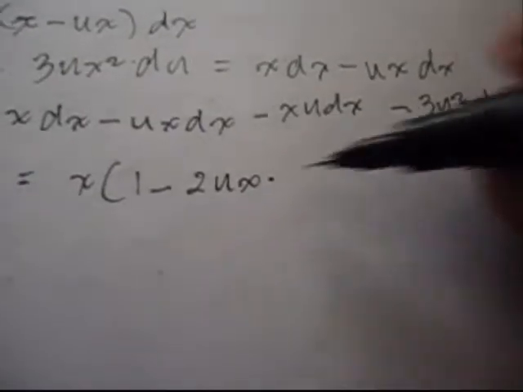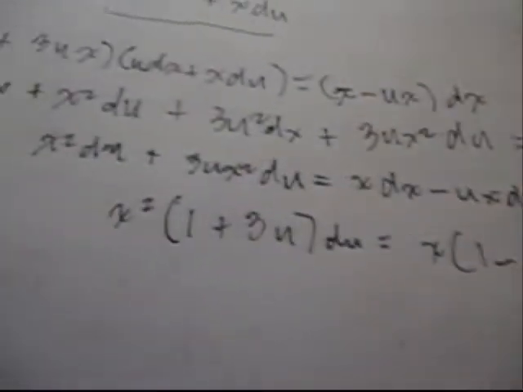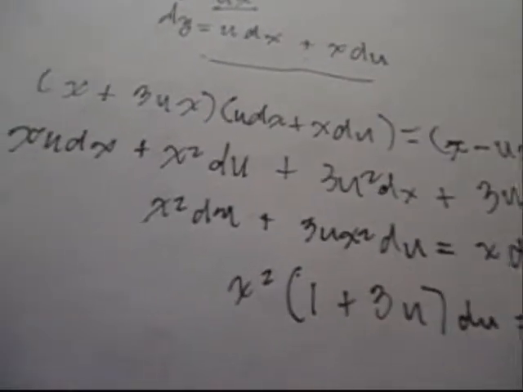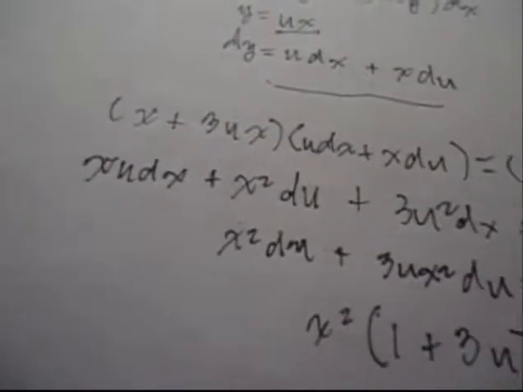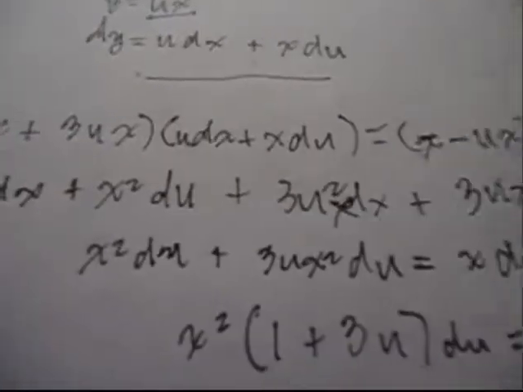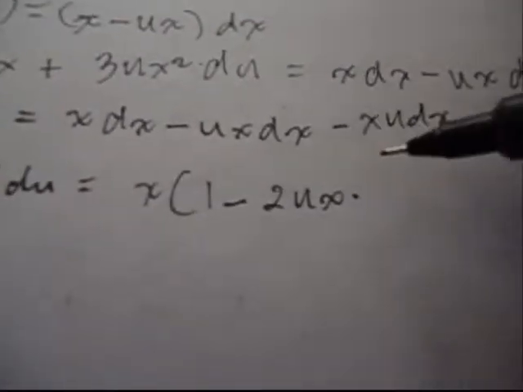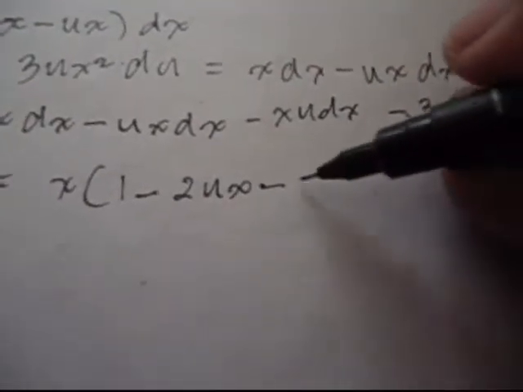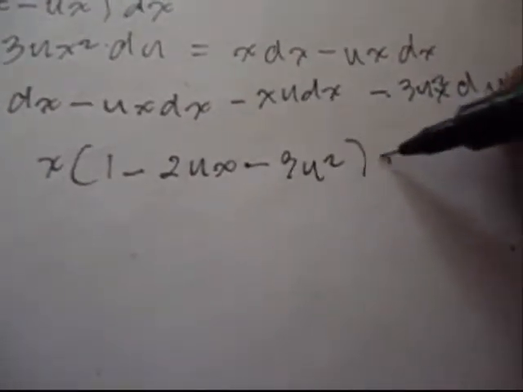This term here has x. Sorry for that. So x times 1 minus 2u minus 3u squared dx.